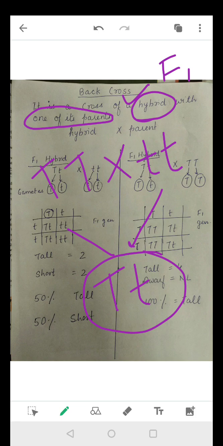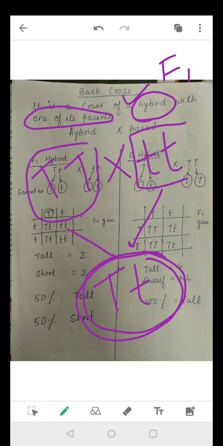So when we are crossing this hybrid with any of the parents, means the parent could be this one or this one, right? That will be your back cross.